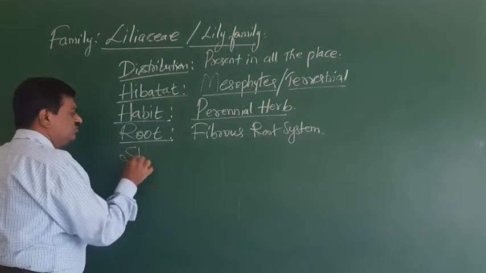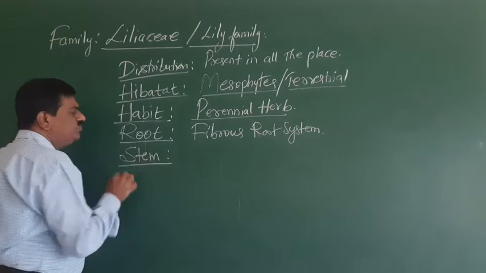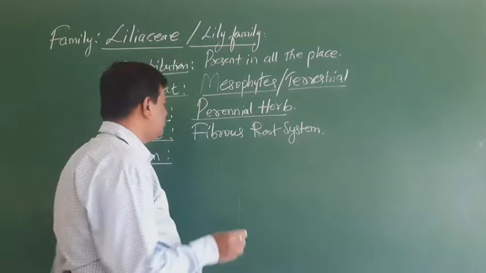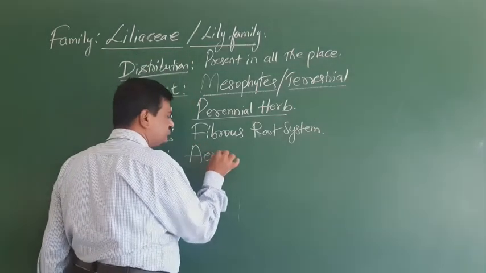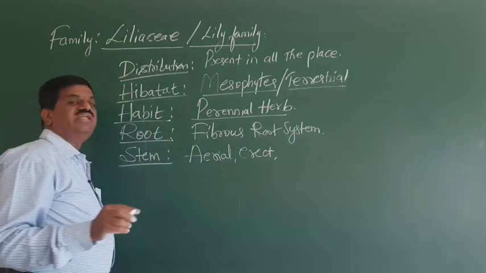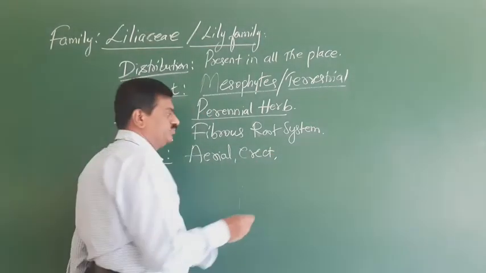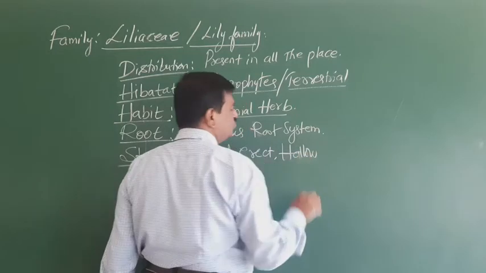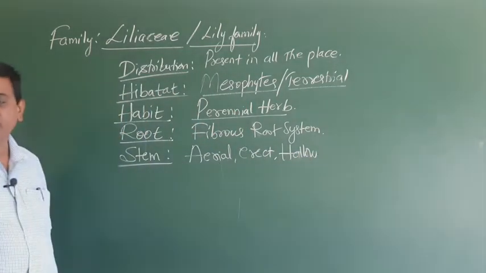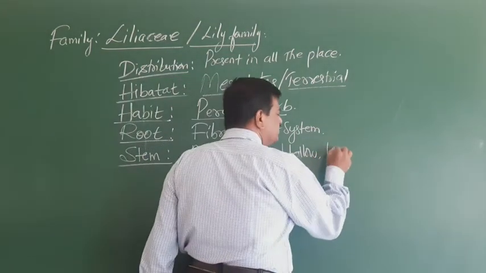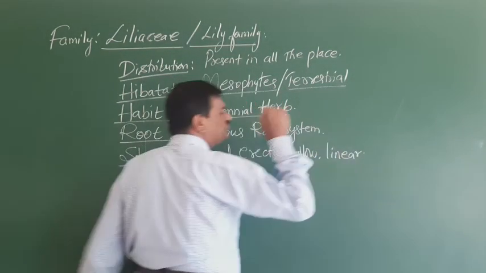We'll go for stem. So we know that normally the stems are aerial, erect stems, and there is a presence of hollow stem. So erect, hollow, and sometimes it is even linear.